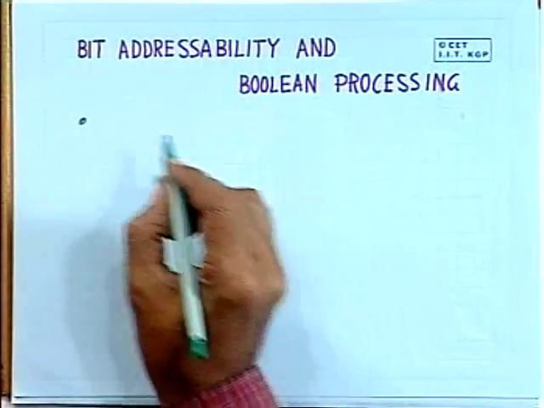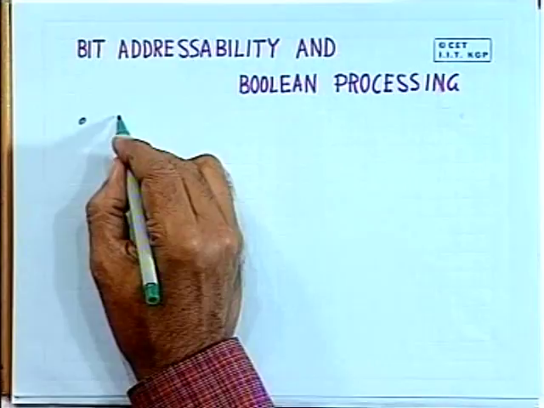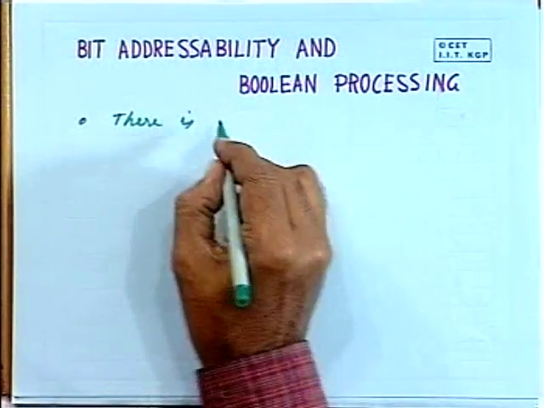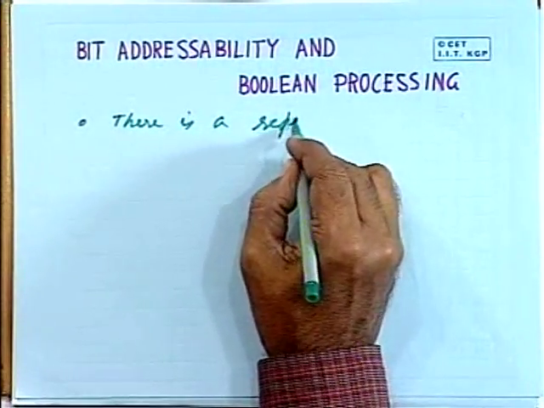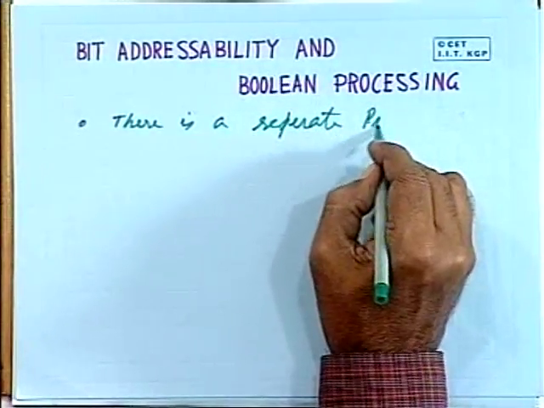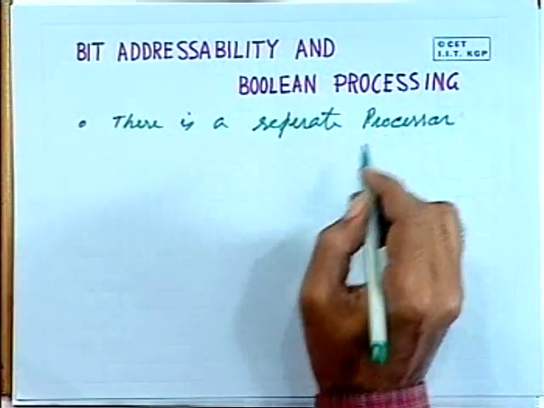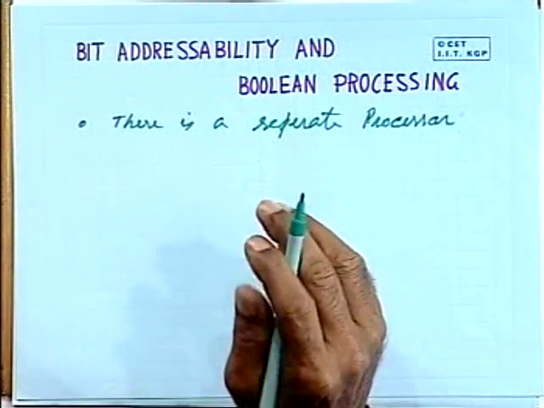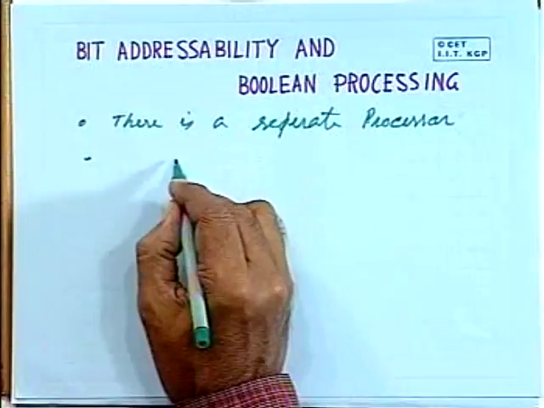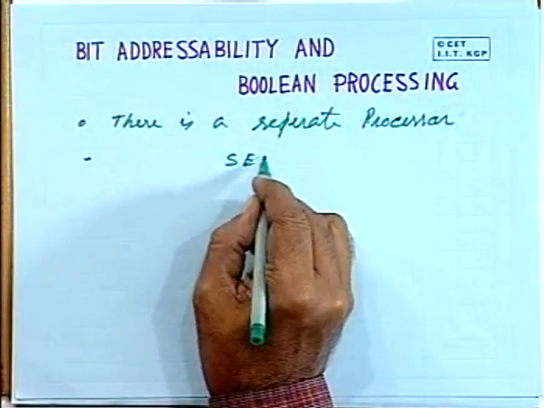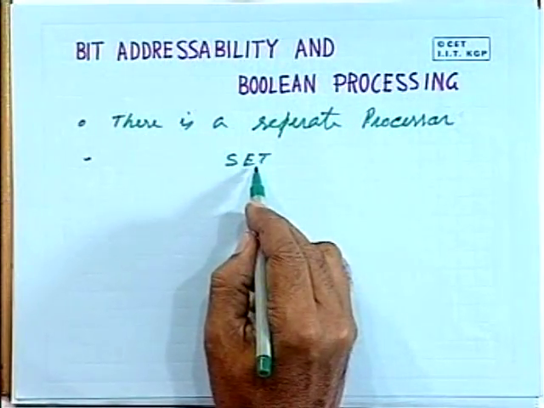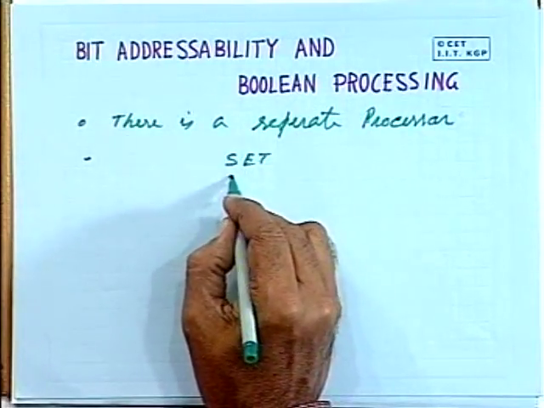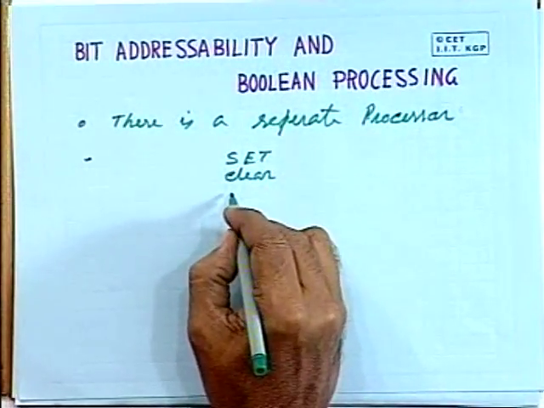With the help of this bit addressability, you can access each of these bits, and you may assume that there is a separate processor, a Boolean processor, with the help of which you can perform bit manipulation operations on those RAM locations and special function registers. What kind of operations can you perform? You can set a particular bit, you can clear it, you can complement it.